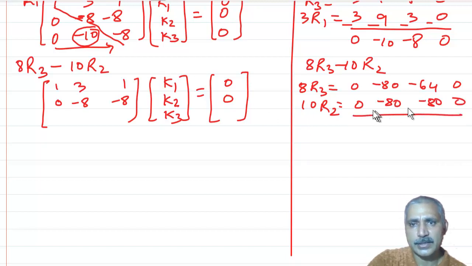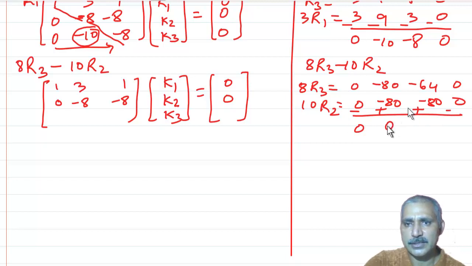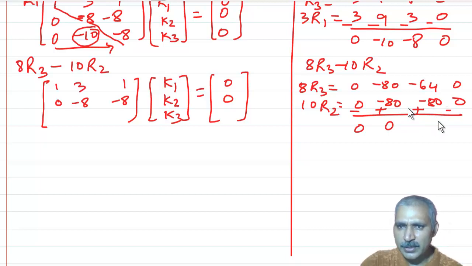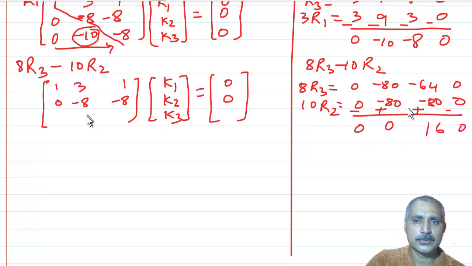We are subtracting, so we will change the sign, and 0 minus 0 is 0, minus 80 plus 80 is 0, minus 64 plus 80, it is going to be 80 minus 64, which is 16. So it is going to be 0, 0 and 16, and here 0.